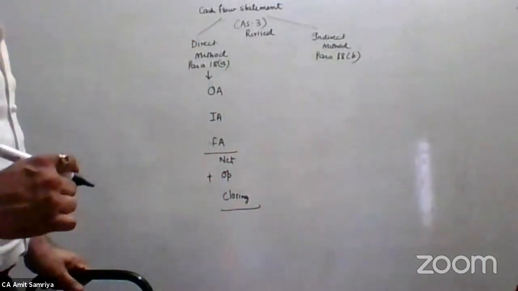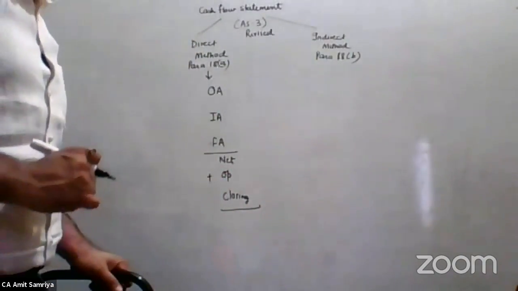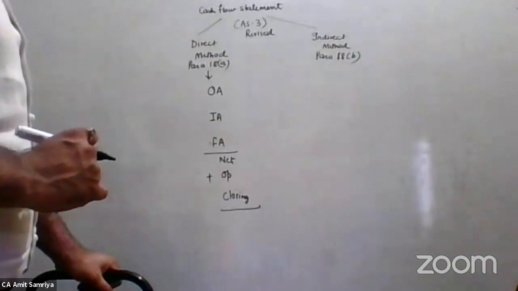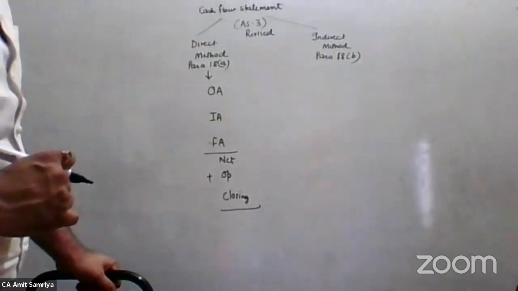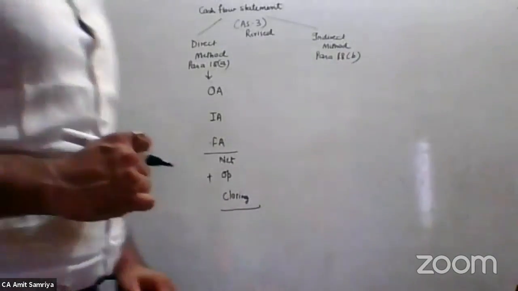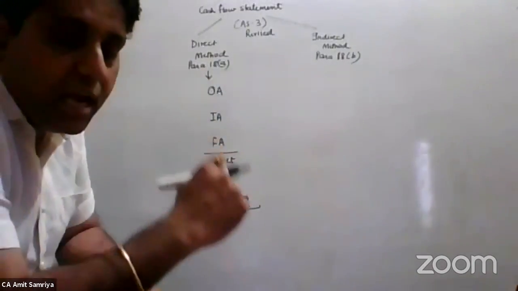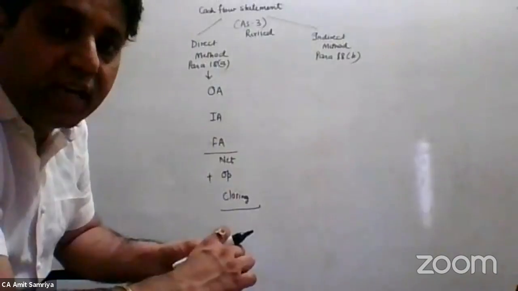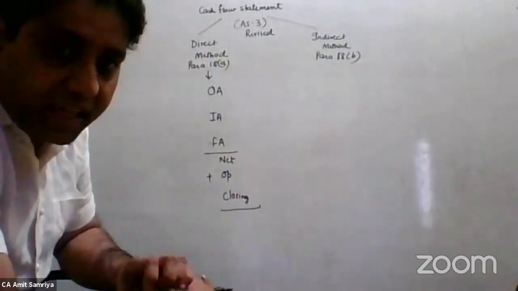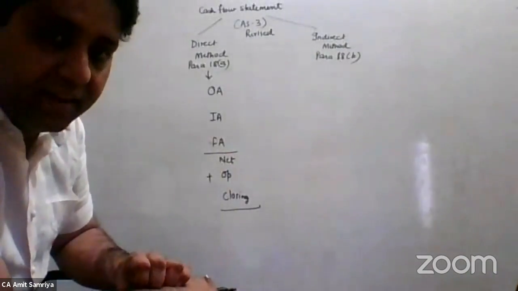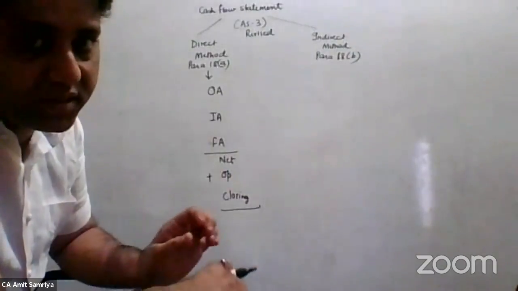This is the general format of cash flows from direct method: inflows and outflows from operating activities, inflows and outflows from investing activities, inflows and outflows from financing activities, and then net increase or decrease, and then opening balance, and we will arrive at closing balance.